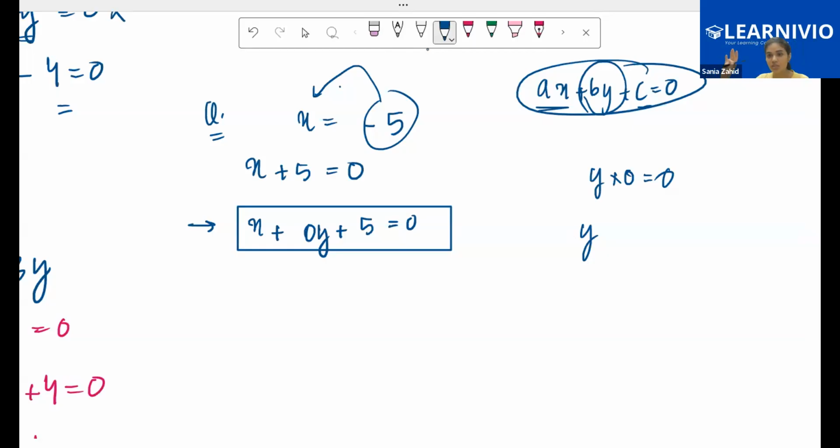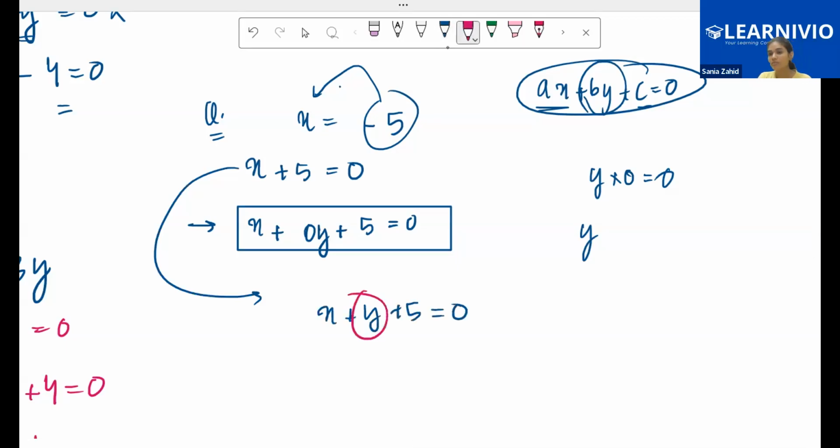Now you don't have to change it. You just write it in two variables. So I don't have to change my equation. If I write x plus y plus 5 is equal to 0, now where did this y come from? I cannot introduce it because now this leads to changing the equation. I don't wish to change my equation. I just want to write it in two variables without changing it. So if I don't want to change it, my y should have no value, right? That is why I have written 0y and not just y.